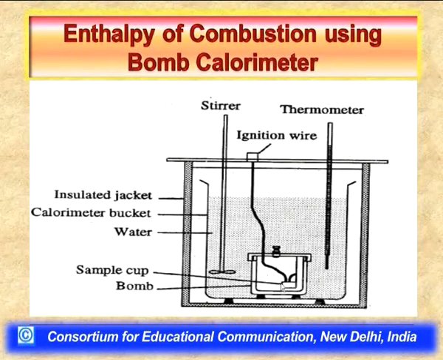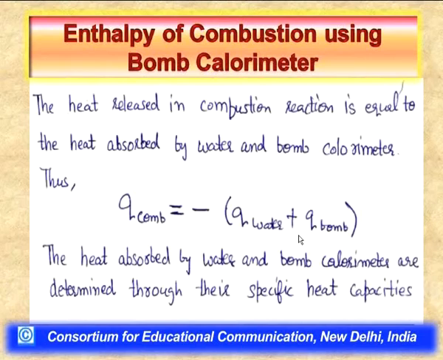So, whatever heat gets produced due to the combustion reaction in this bomb calorimeter is absorbed by the bomb calorimeter along with the water in which the calorimeter is immersed. Therefore, the heat released in the combustion reaction is equal to the heat absorbed by water and bomb calorimeter. Thus, Q comb, the heat evolved in the combustion process, is equal to negative of Q water plus Q bomb.